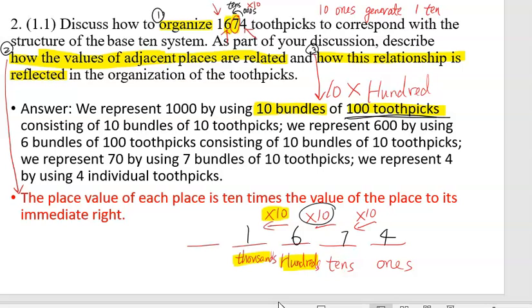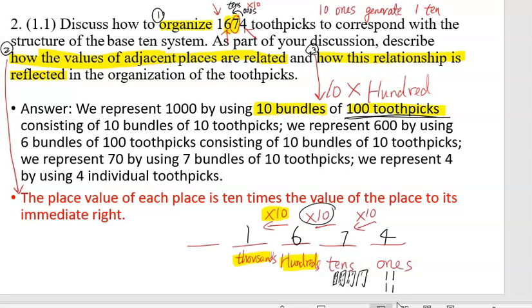Finally we have the 4, because 4 means 4 ones. So it's not going to be a bundle. It's just 4 individual toothpicks. We don't want to bundle them together, because we want to show students there are really 4 individual toothpicks. For the 7, we want to show 7 bundles of 10.